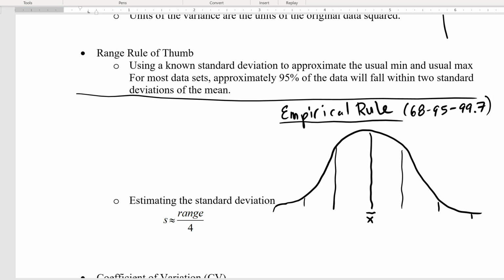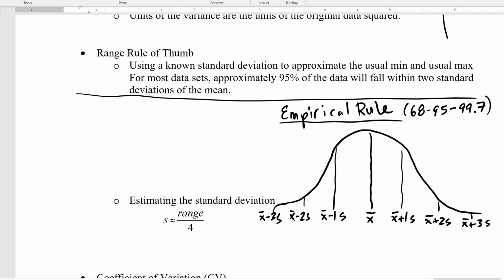So this would be the mean plus one standard deviation. This would be the mean plus two standard deviations. This would be the mean plus three standard deviations. Going backwards, mean minus one standard deviation, mean minus two standard deviations, and mean minus three standard deviations.